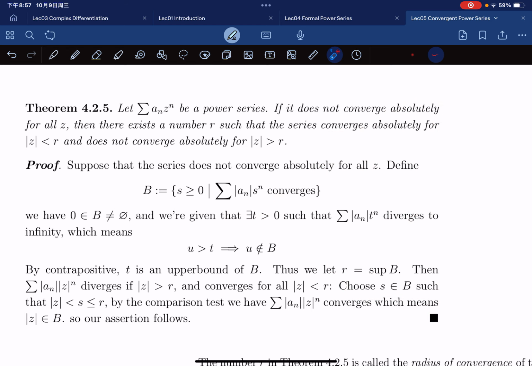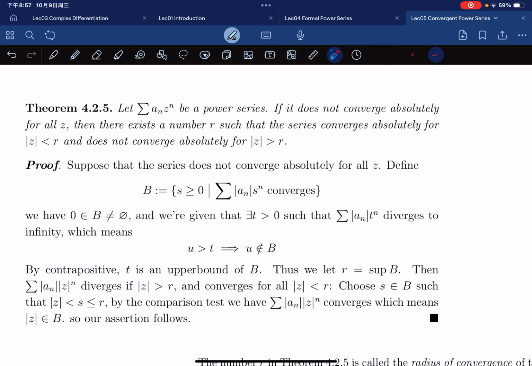So if U is greater than T, U is not in B. If we do the contrapositive, T is the upper bound of B. What I did is to show that there's an upper bound for B. So if U is in B, then U is less than or equal to T. There exists a T such that it is an upper bound for B, thus a non-empty set that is bounded above has a supremum R.